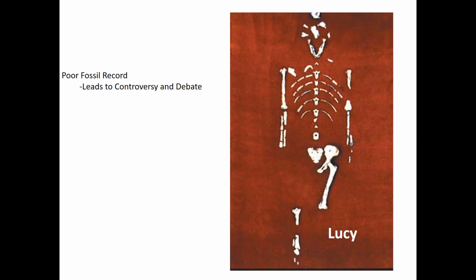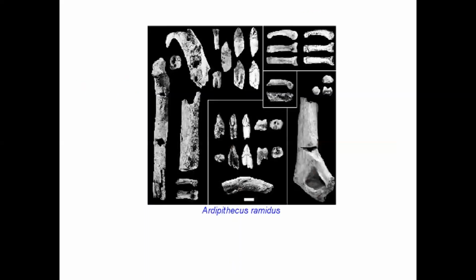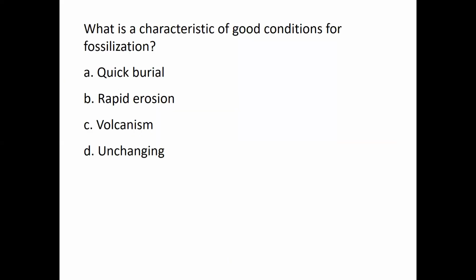This specimen was, I believe, a juvenile female, and they named it Lucy because when it was discovered, the radio in the field truck was playing "Lucy in the Sky with Diamonds" by the Beatles. So here are photographs of the fossils that were found of the specimen.